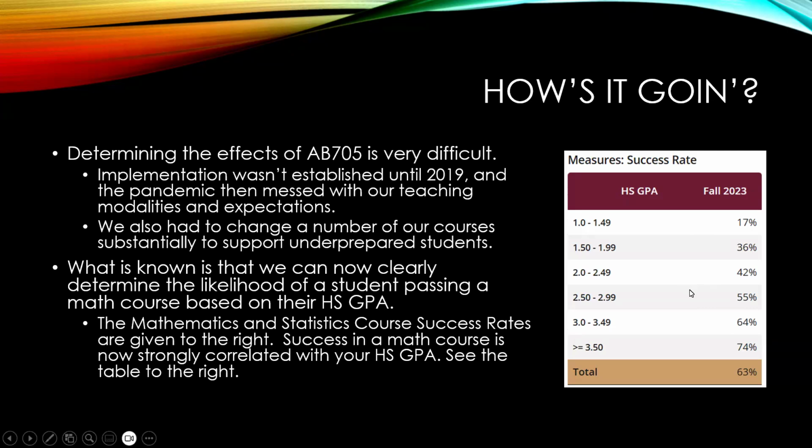If a student has a high school GPA of 3.5 or more, they are 74% likely to pass their course. If they have a 2.0 to a 2.5, there is a 42% likelihood that they will pass. And you can see that this is almost a linear progression going up here from 17% all the way up to 74%. That's concerning.